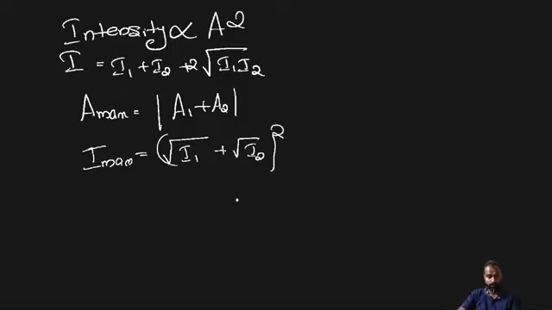So what will be the maximum intensity? I max is the square of square root of I1 plus square root of I2.